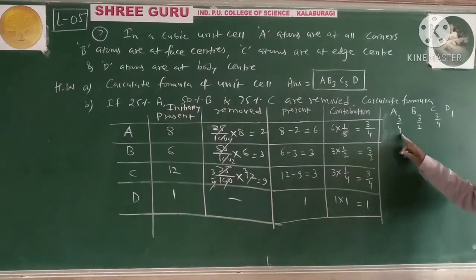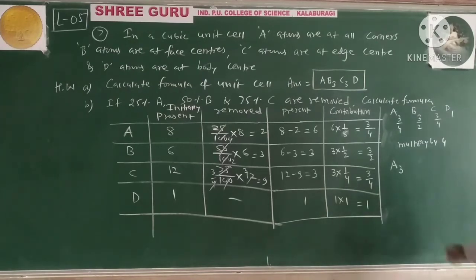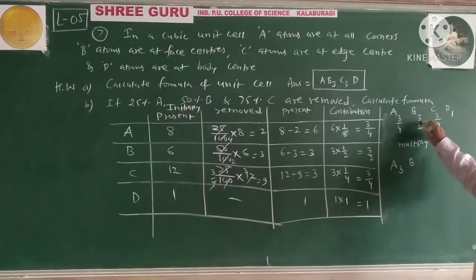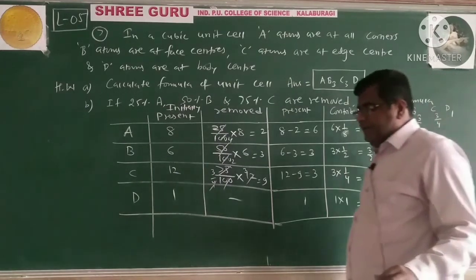Multiplied by 4, the 4s get cancelled. 3. Multiply by 4: 4 by 2 is 2, so it is 6. Multiply by 4 is 3. And this is D, 1, because that has not been removed completely.